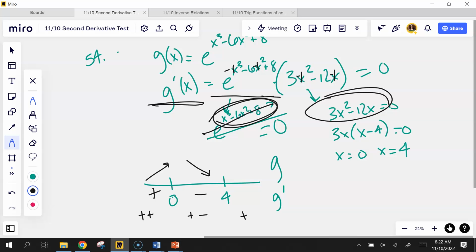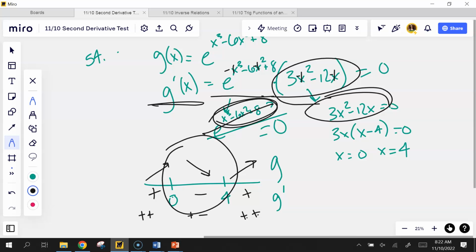So I don't even have to worry about that. I'm just worrying about this piece. And if I plug in something bigger than 4, that gives me a positive. So a positive times a positive is a positive, which tells me I'm increasing on that interval. So the question asked, where is my function decreasing? Well, I only see one interval where I'm decreasing, and that is from 0 to 4.